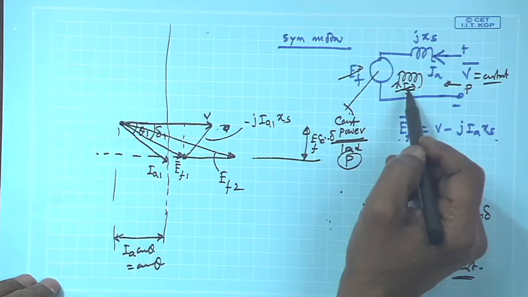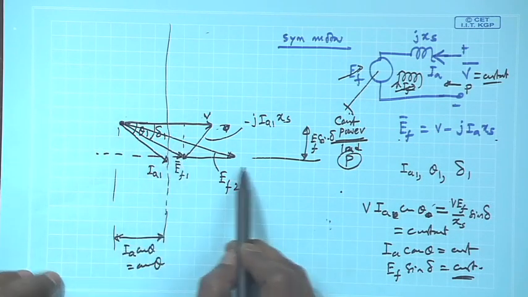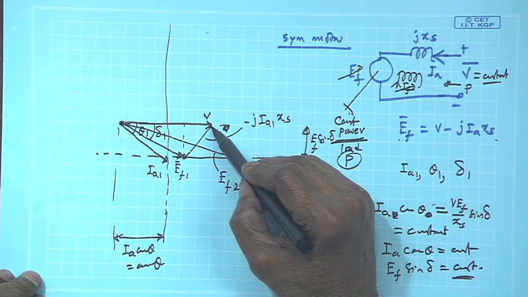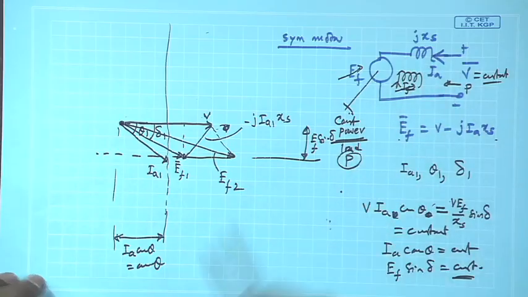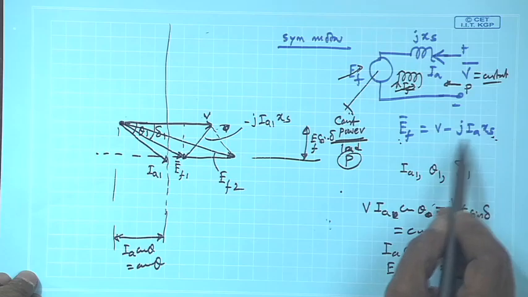You have increased the field current of this machine. Then V and E f 2 are fixed, so this difference must be your drop j I A X S.